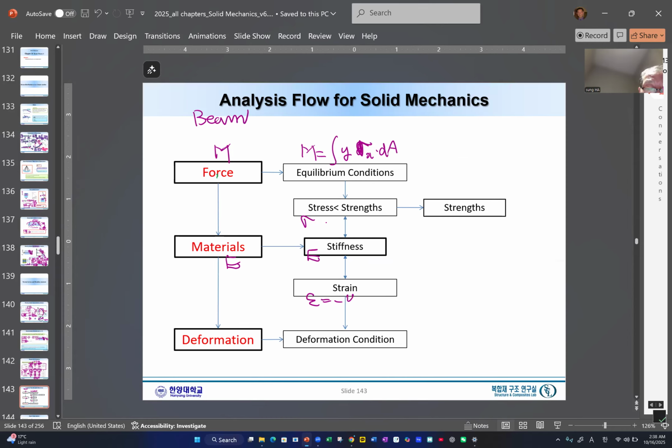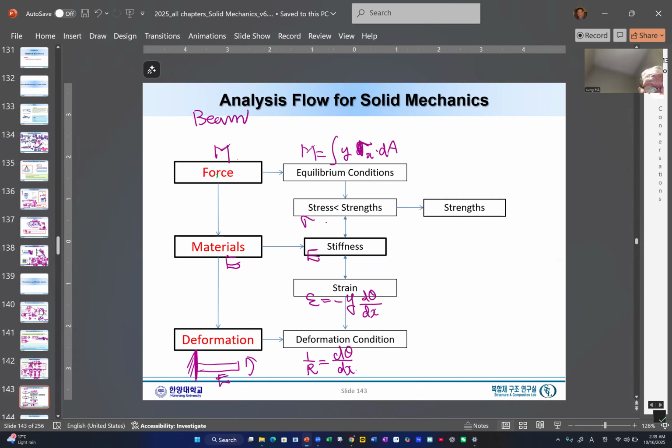Y d theta dx. So the deformation condition is that 1 over r, the curvature, is given as d theta dx. This is a restriction. This is a deformation condition, and this is the moment to be applied. This is the Young's modulus.